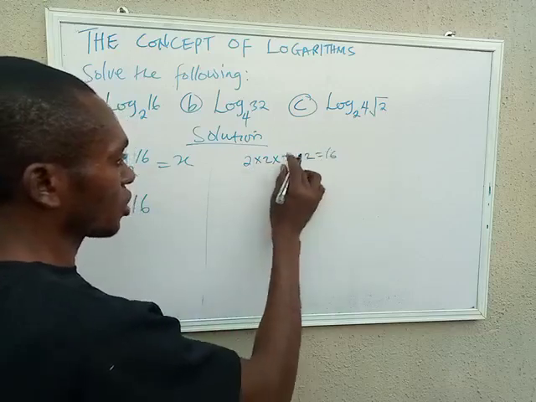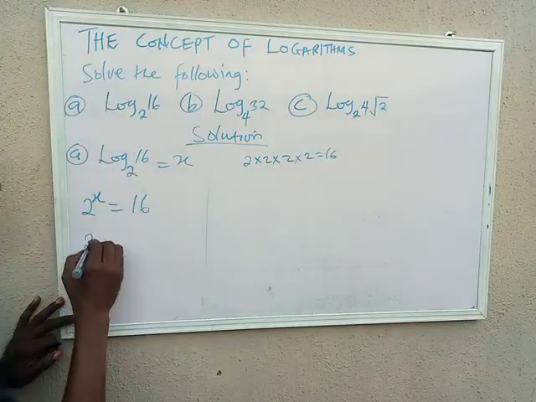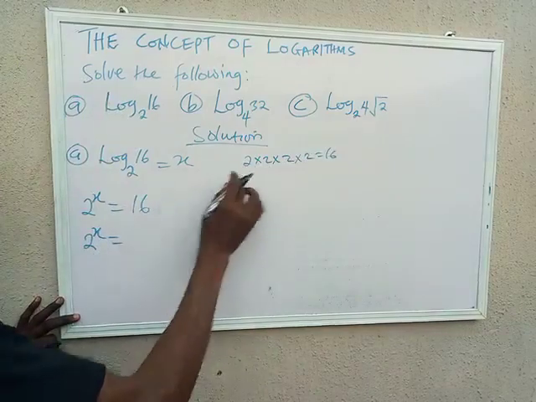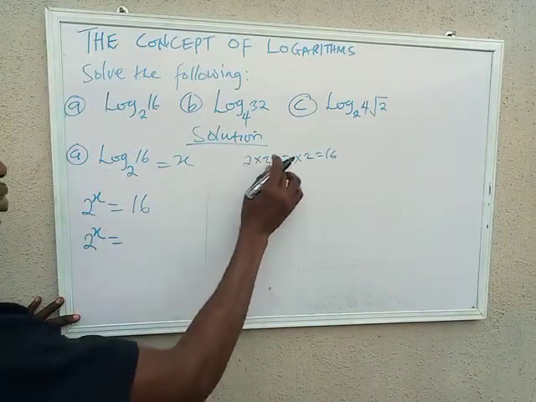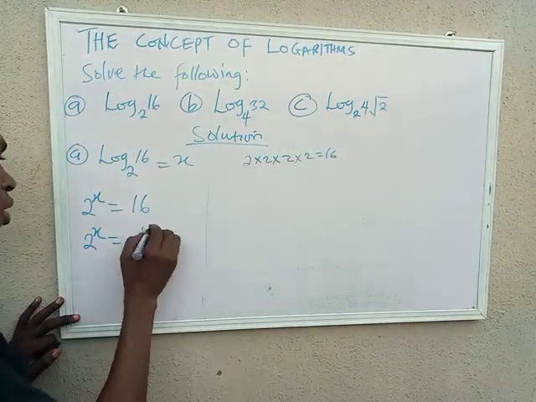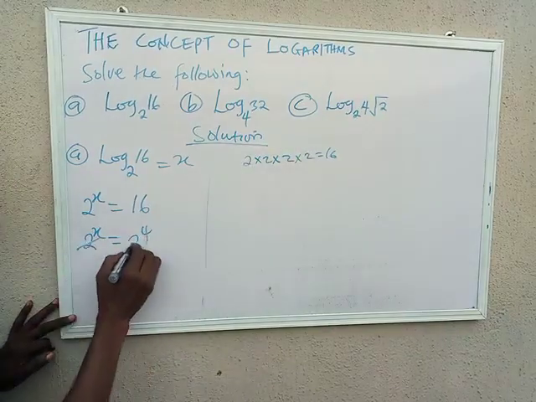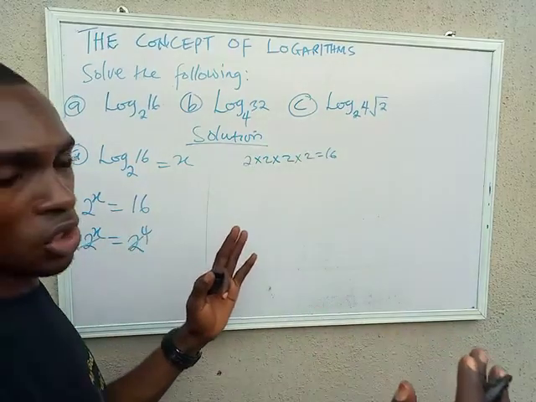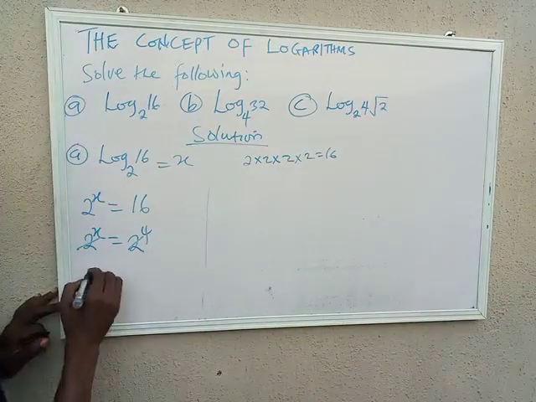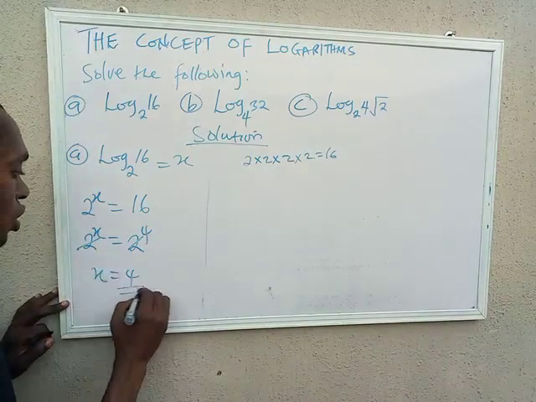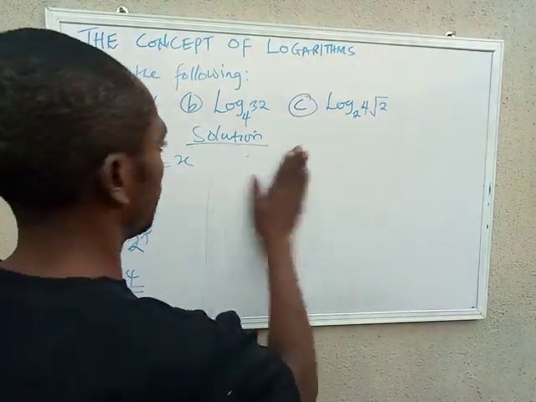So that is 1, 2, 3, 4. I have 2 raised to the power of x equals 2 raised to the power of 4. When you have two equal numbers with the same base, you can cancel them out. So x equals 4. This is the answer to this question.